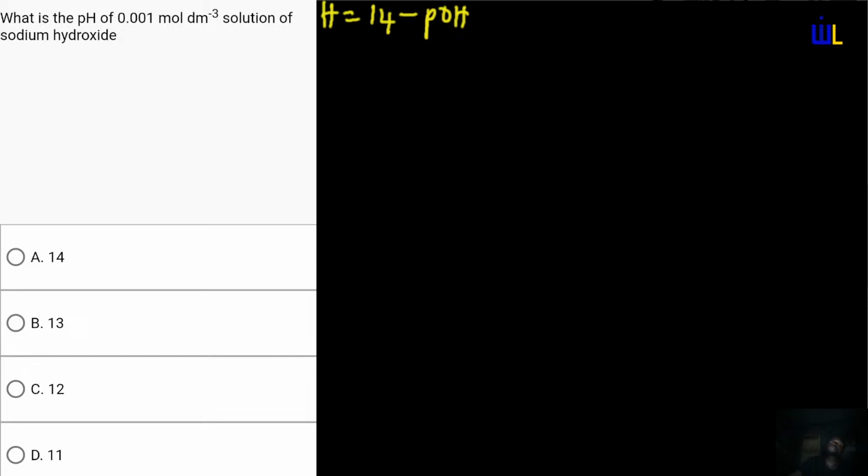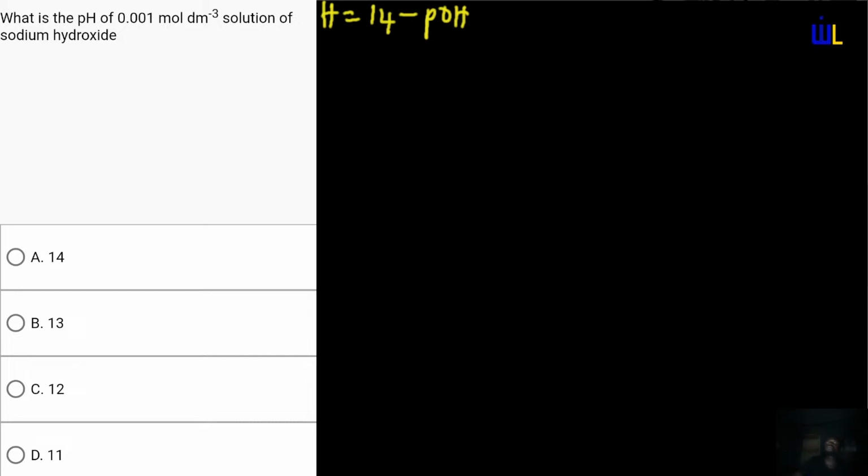What we need to do is to find hydrogen ion using hydroxyl ion, and the expression is quite simple. Concentration of hydrogen ion equals 10 raised to power minus 14 divided by concentration of hydroxyl ion, which we now have. So the concentration of hydrogen ion will equal 10 raised to power minus 14 divided by, now let's convert it to standard form, this is 1 2 3, so this is going to be 10 raised to power minus 3.